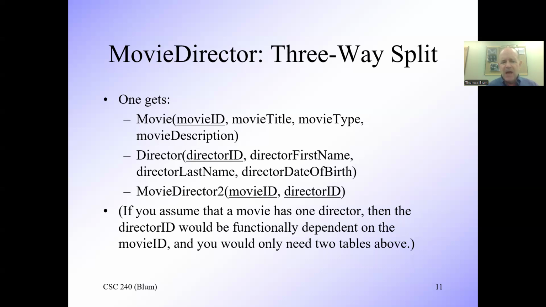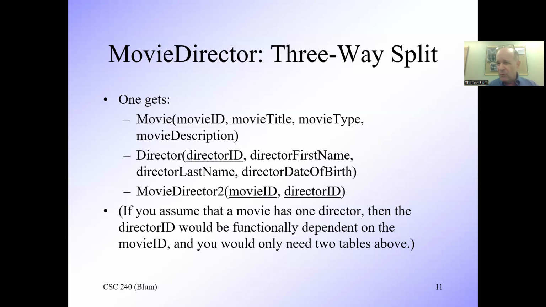Now, if you said that a movie just has one director, then the director ID is dependent on the movie. So if a movie has only one director, then there's a dependence between those two IDs.